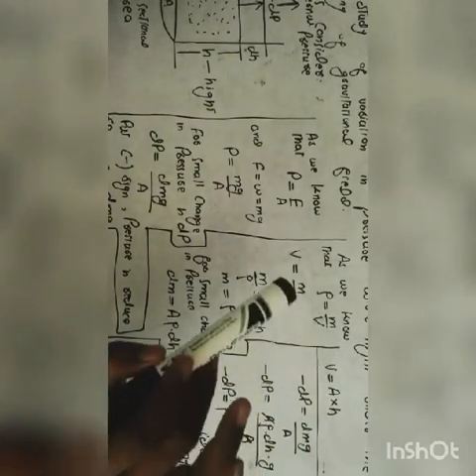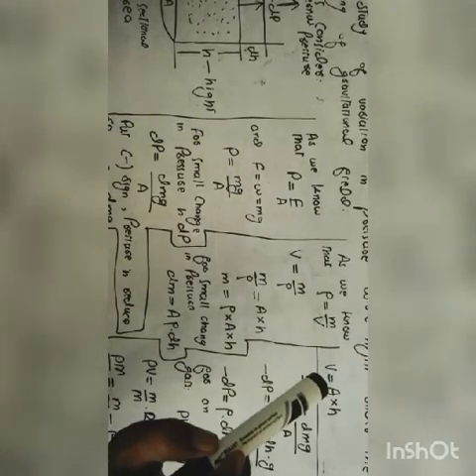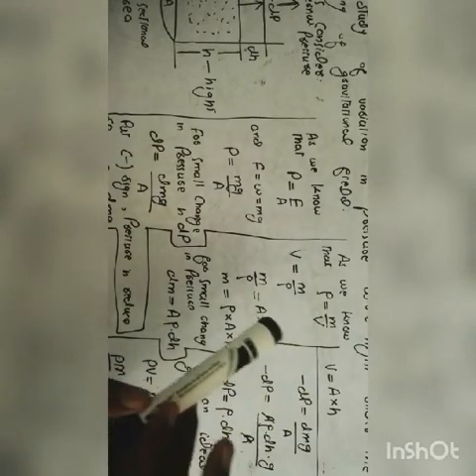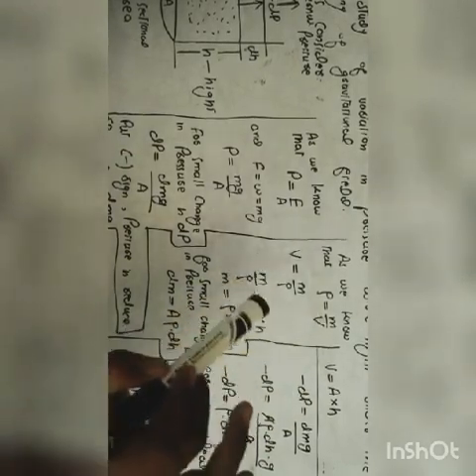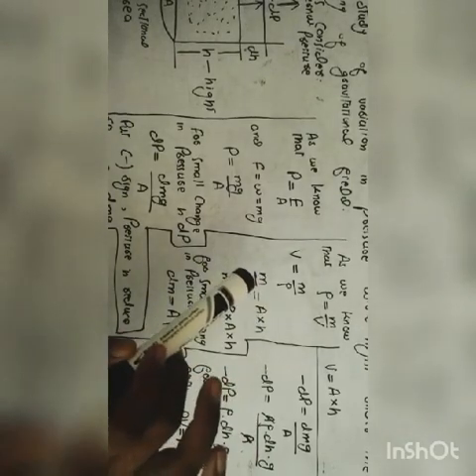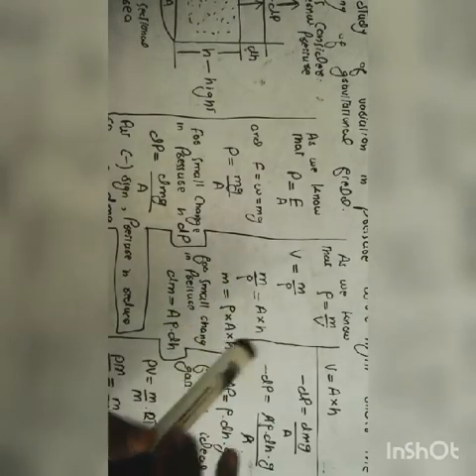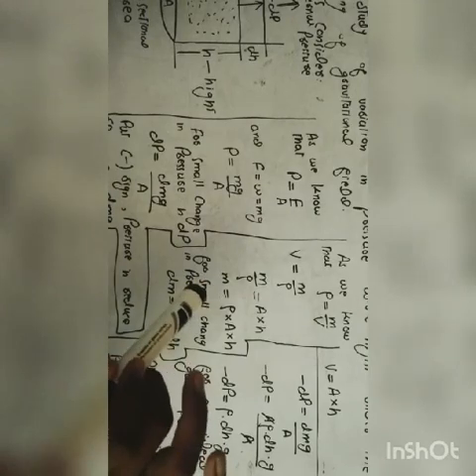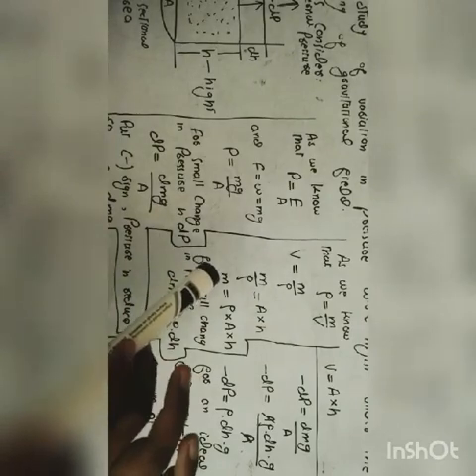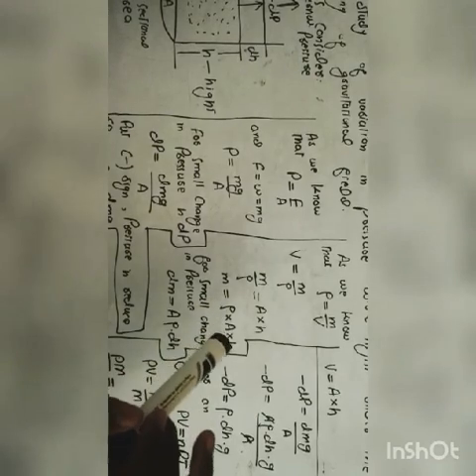This equation is V equal to m over rho, and this equation is V equal to A cross H. When we compare both equations, we get a final equation: m over rho is equal to A cross H. Here density is dividing, and when we transfer it to the other side, it will be multiplied with A and H. So the equation becomes small m equal to density multiplied by area multiplied by H. Here m is the small mass, rho is density, A is area, and H is the height.